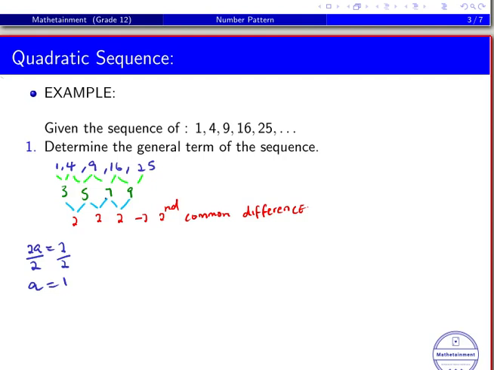Okay. Our arithmetic sequence, we are going to deal with the first term. We know that 3a plus b is equal to our first term of the arithmetic sequence, which is 3.